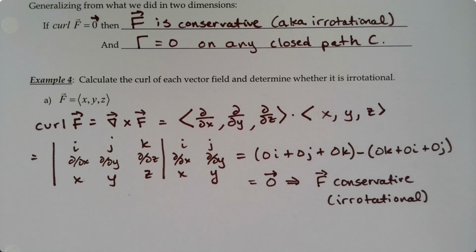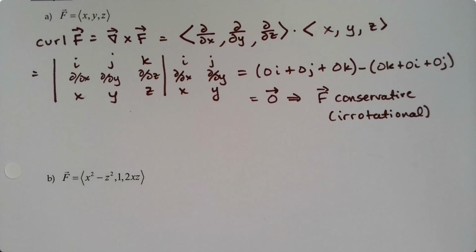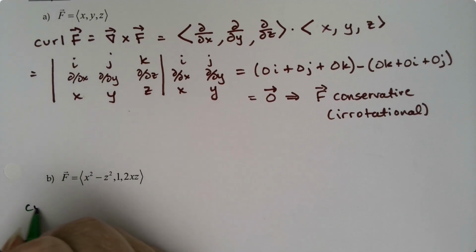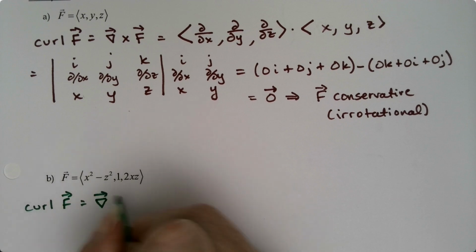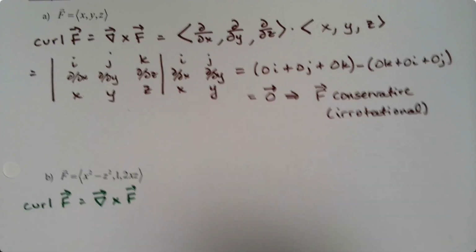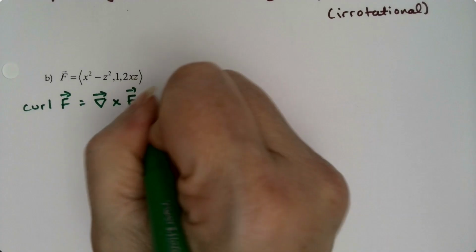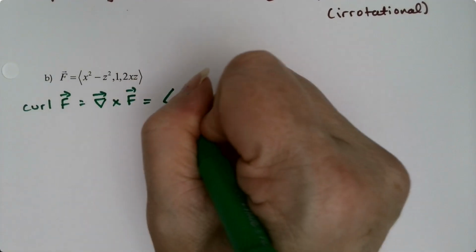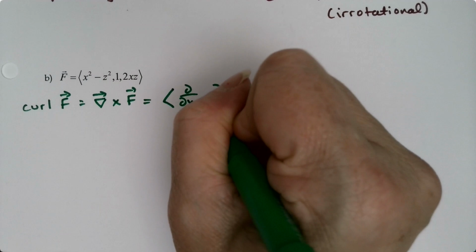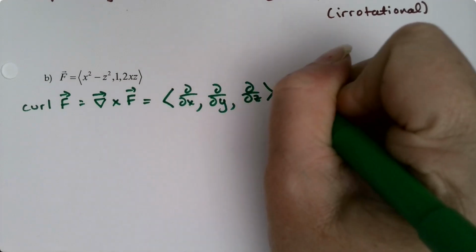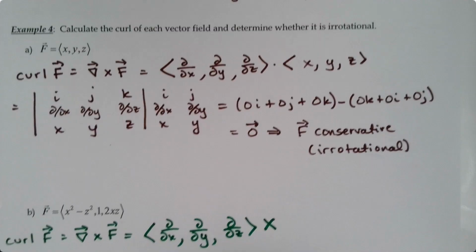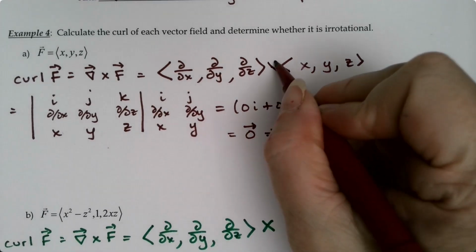All right, let's do another example. So we want to find the curl of f. So we're going to take the cross product of the del operator and f, our vector field. Again, that's ∂/∂x, ∂/∂y, ∂/∂z. Cross product with, oh my goodness, I actually should have an x there.